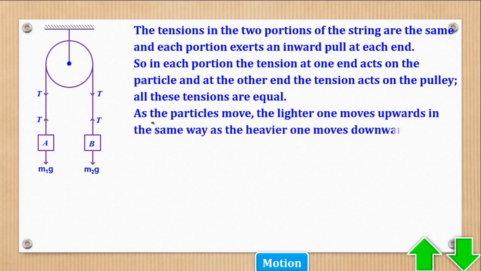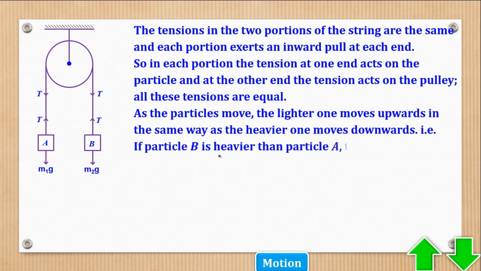So when the system is released, one particle will move upward, another one will move downward. And usually, the one which is heavier moves downward, and the one which is lighter moves upward. Now let us say that particle B is heavier than particle A. That means particle B will move downwards, and particle A will move upwards.